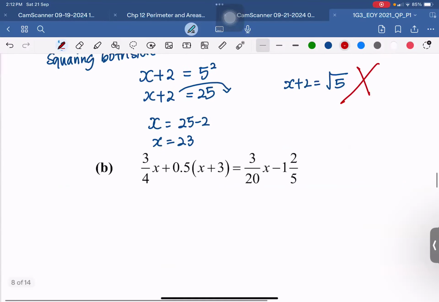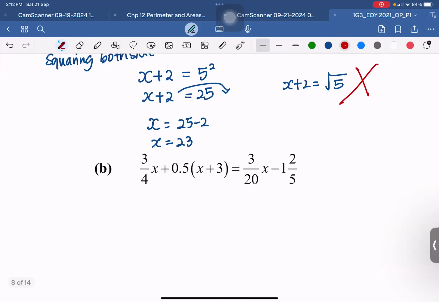Now, do y'all know how to do question 8B? For 8B, just be very careful. You expand out the numbers. I don't like to write decimal places for algebra, so I'll keep it as a fraction, half x. And then 0.5 times 3 will be 3/2.